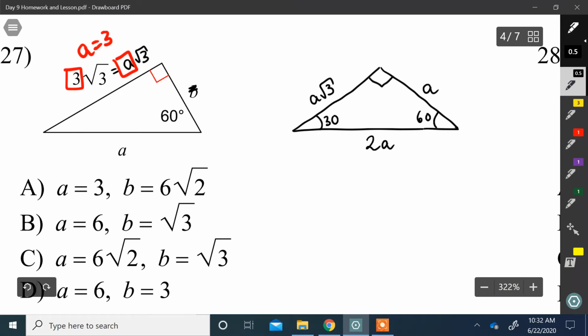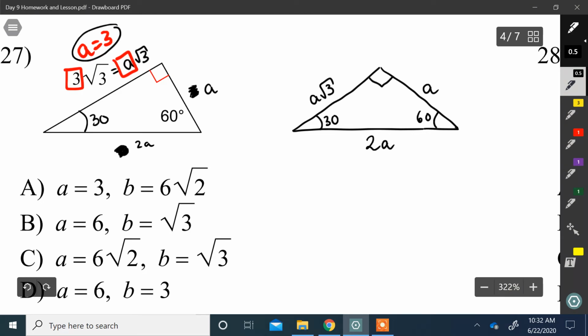What does that mean? Well, forget about this and this, it's just going to confuse you for right now. If this is A, the one in front of the 30, and the one in front of the 90 is 2A, we found what A is.